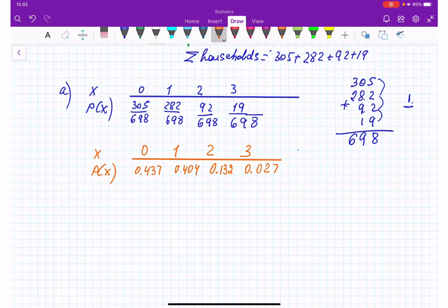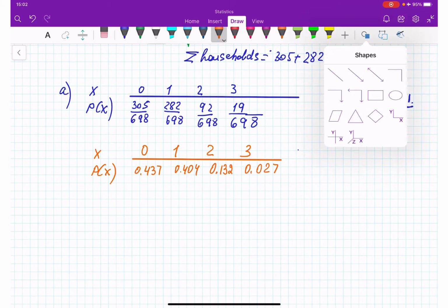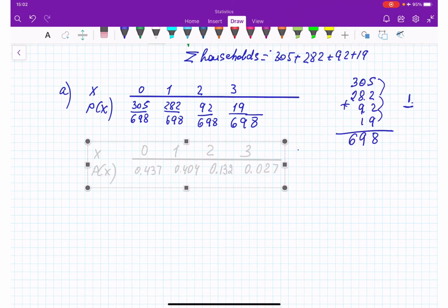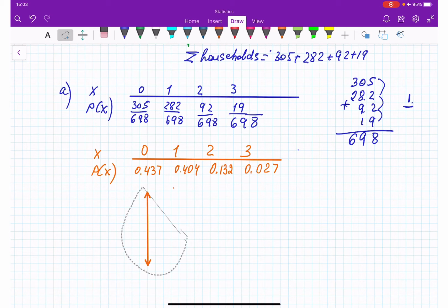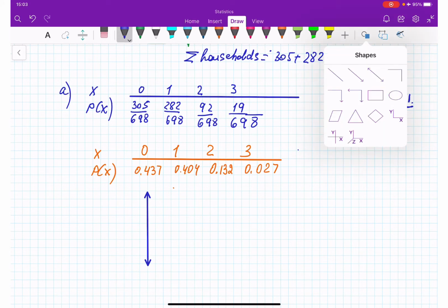All right. So if we build this probability distribution in the format of a histogram, this is what we're going to have. Ah, I didn't want this color. Okay.